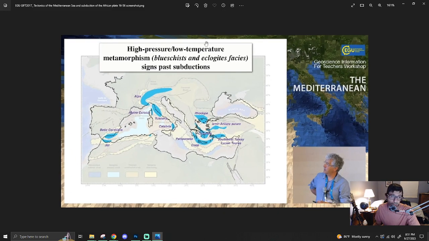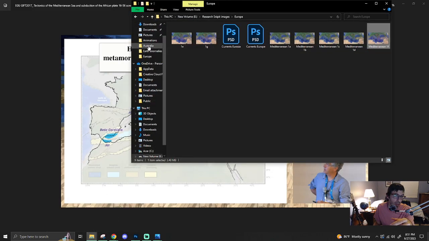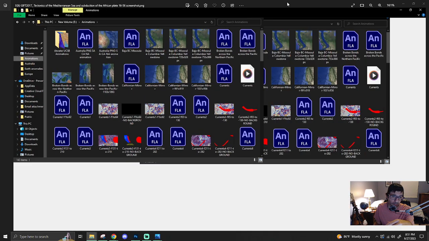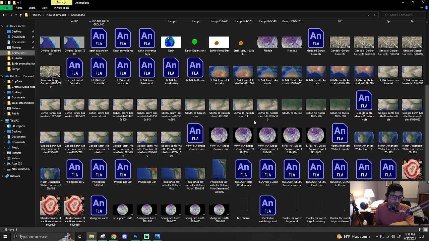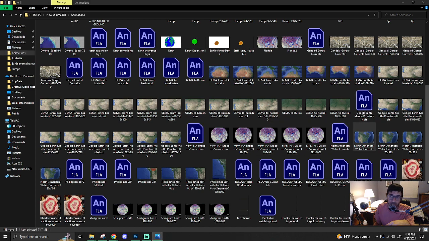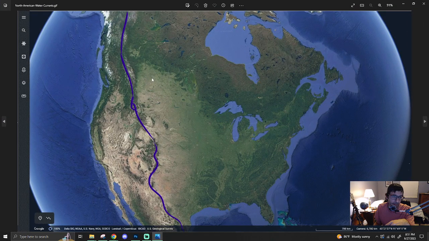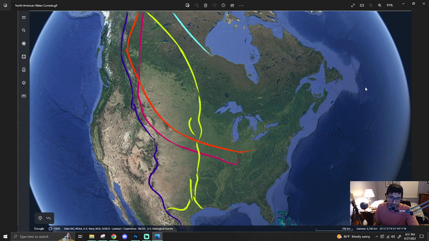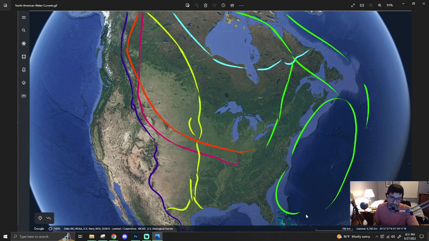Okay, high pressure, low temperature metamorphism. That kind of gave me the vibe of current flows from North American eddies. I don't know if I did an animation of this. Oh yeah, okay. These current flows, generally over here in this region and over here, are going to go across to Europe. Not just here, they also go across to Europe, out here across to Europe.